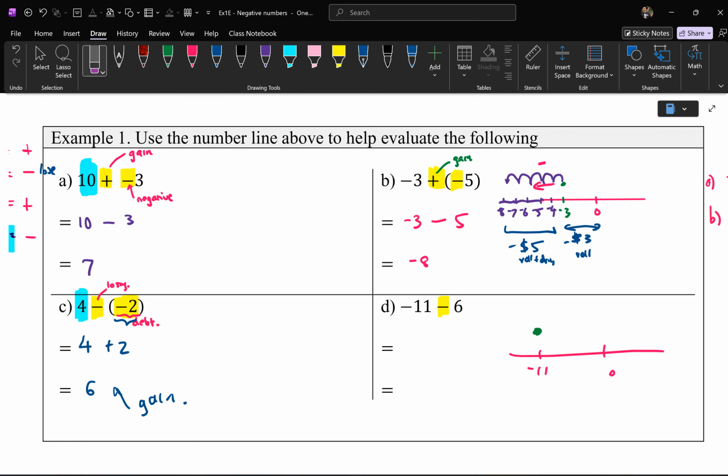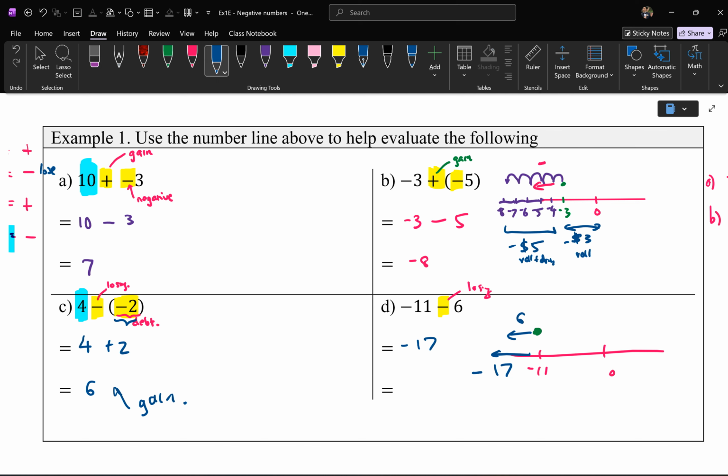So you're losing. You're not gaining, this is losing. You're losing another 6. So I'm going left, more direction to the left. I'm going an extra 6 this direction. So 11 going down 6 that way. Obviously I have to be a negative. And 11 plus 6 gives you 17. So right here, you can write minus 17 if you like.